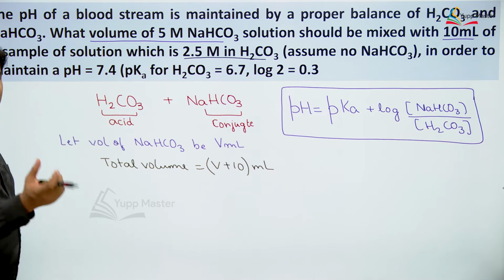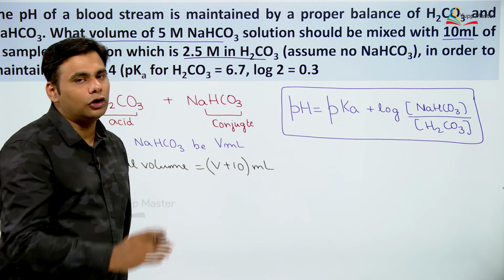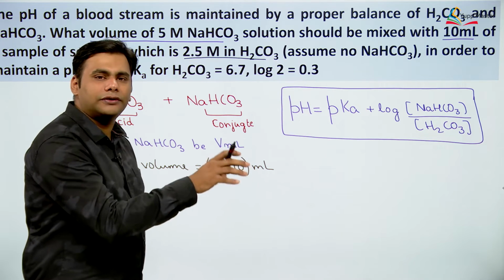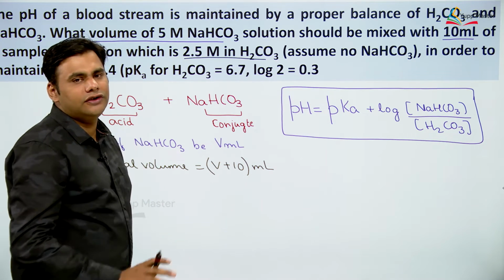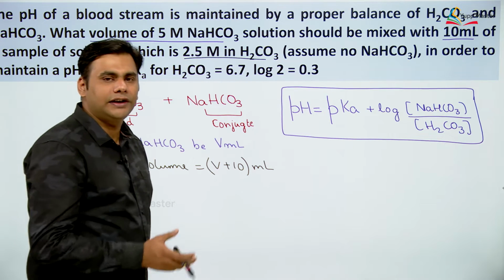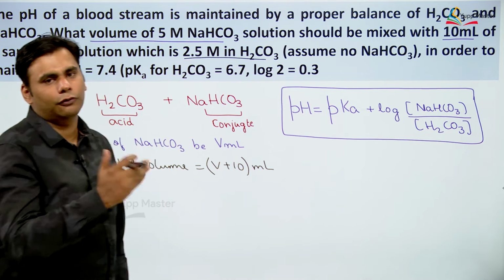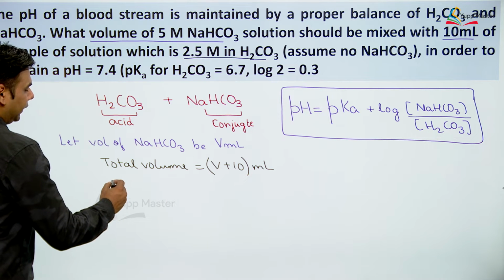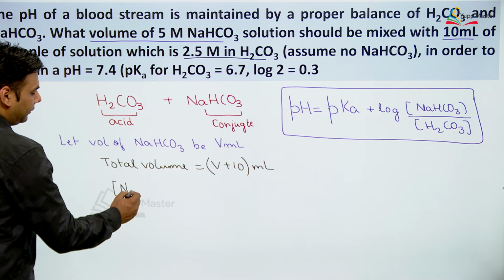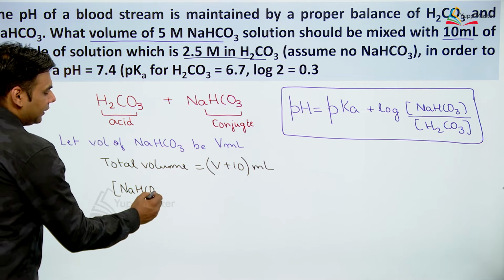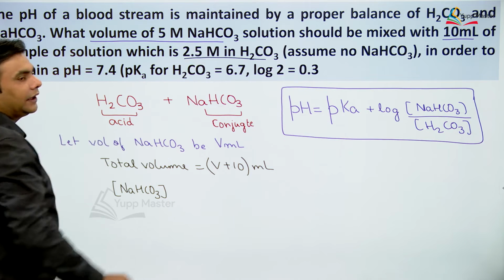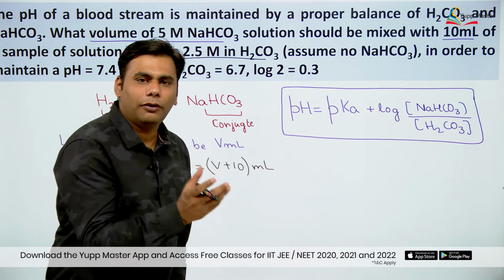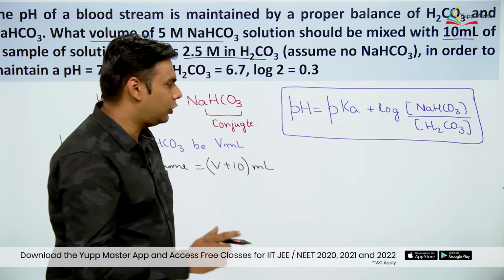Right. Now because we have mixed the two solutions, the total volume is going to increase. Because the total volume has increased, the individual concentration of each component will also change, because molarity depends upon the volume. It is the number of moles upon the volume of solution in liters. So the concentration of NaHCO3 would become, because we have V ml of NaHCO3 and its molarity is given as 5, and the number of moles is molarity into volume.